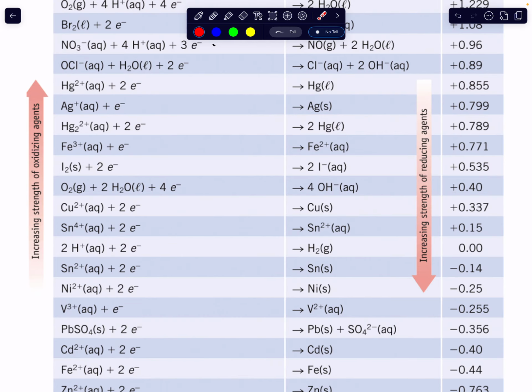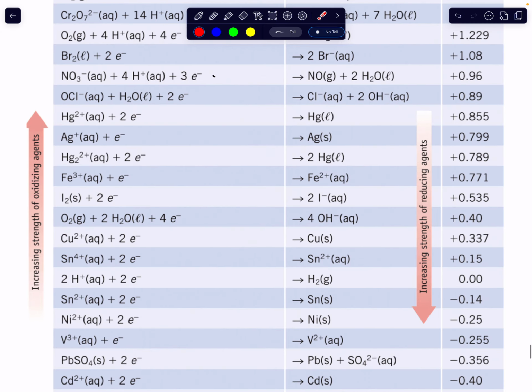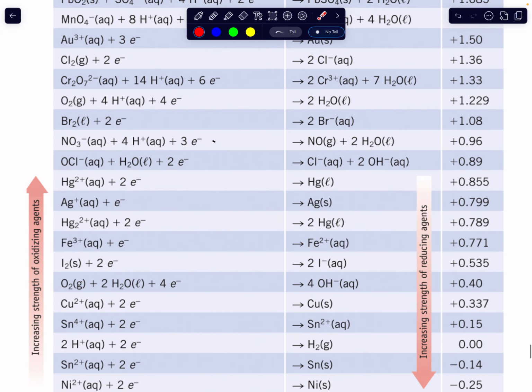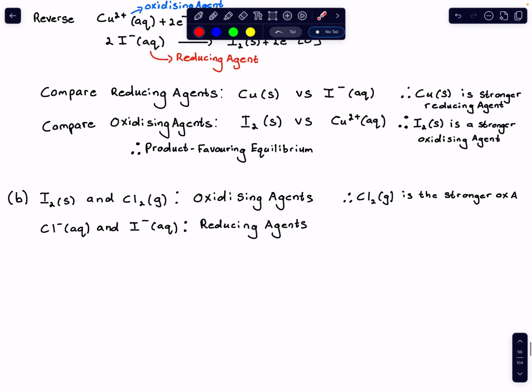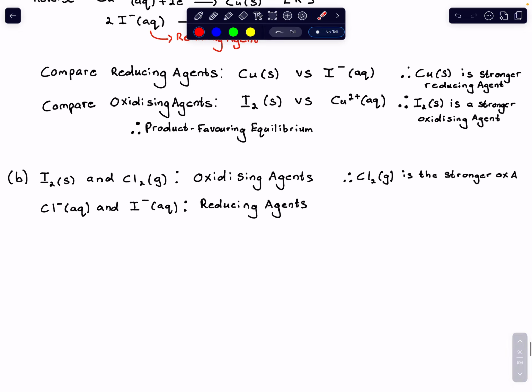All right, and comparing the reducing agents, Cl minus and I minus. Here's I minus, and Cl minus is over there. We see that I minus is the stronger reducing agent because it lies below Cl minus. So it's a stronger reducing agent. In other words, it wants to undergo oxidation.